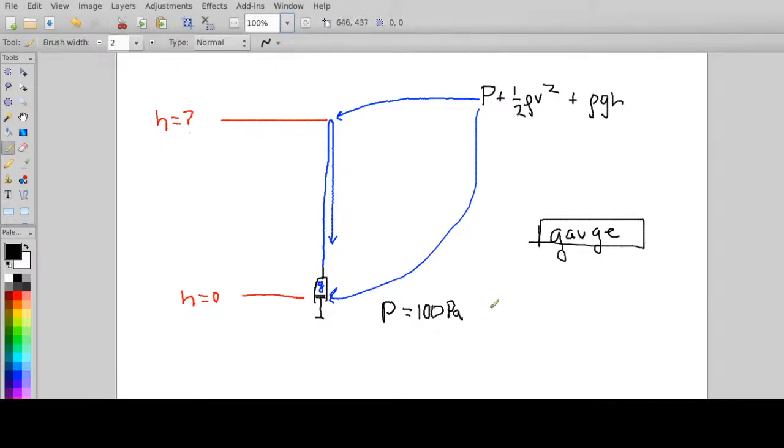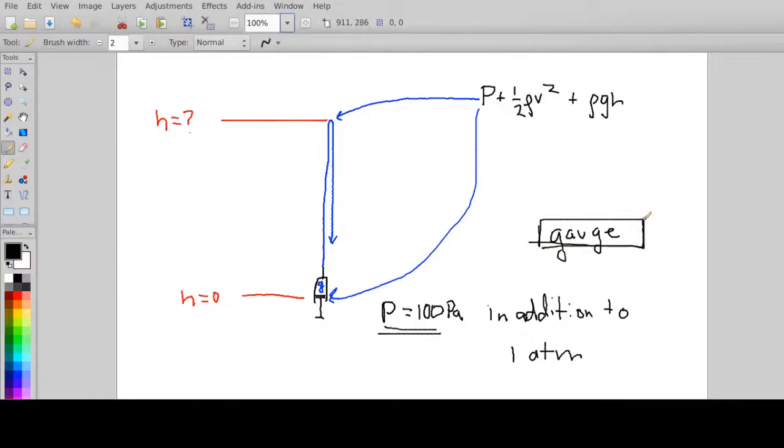I mean 100 pascals in addition to 1 atmosphere. Okay, so it's like the 1 atmosphere is the background, but we ignore that. We just say how much in addition to that 1 atmosphere.